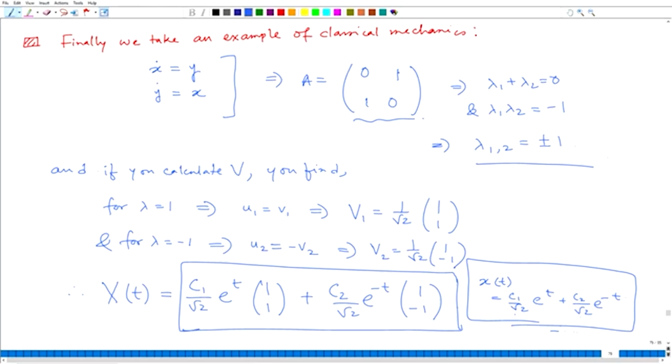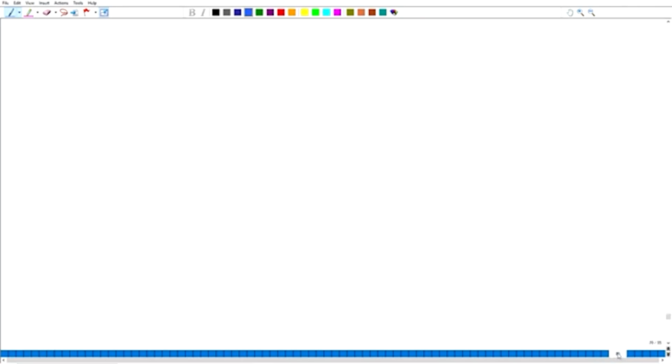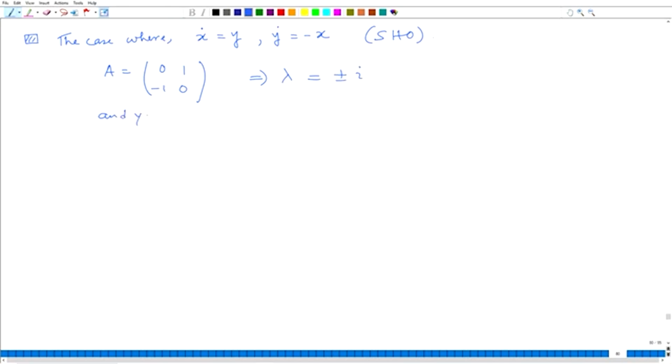Now, I can also write the case where x dot is equal to y and y dot equal to minus x. So, this is the simple harmonic oscillator, classical mechanics, and we have A is equal to [[0, 1], [-1, 0]], and that is why lambda you can write is plus minus i.